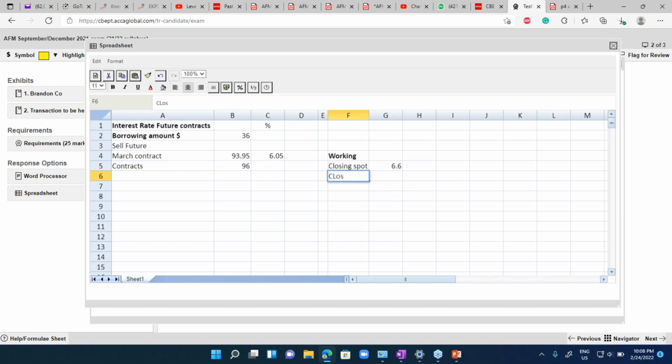Now identify the closing future. Formula is closing spot minus opening future, that is 6.05, minus opening spot. Opening spot is 5.7%, into remaining months, remaining months are 2 divided by the total months.